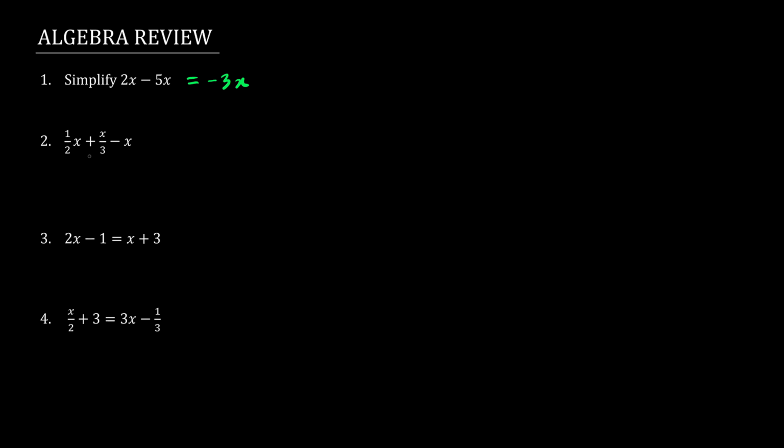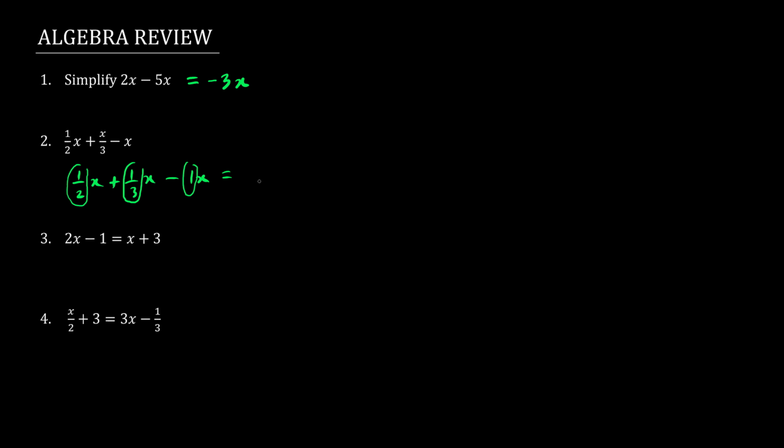Question number 2. We could think of this as 1/2 x plus 1/3 x minus 1x. So there's a bunch of coefficients in front of the x. One way to deal with this is to make the coefficients have the same denominator, 1/2 versus 1/3 versus 1.